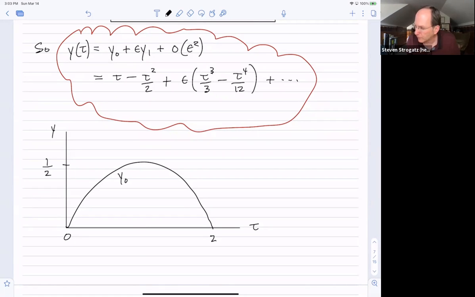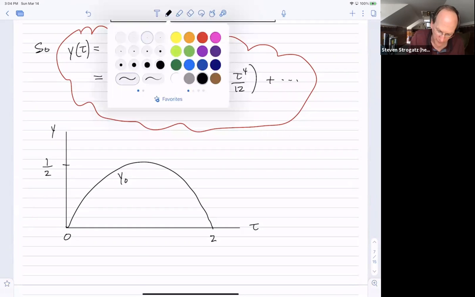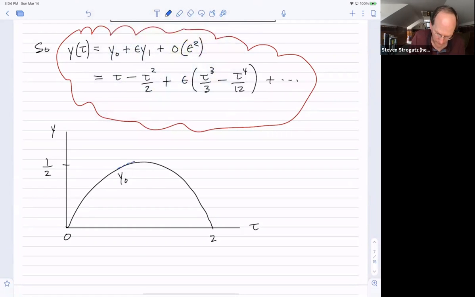And actually that is correct. What you would find when you add in this small correction term is that the new curve is going to look pretty much like the old curve. But, excuse me, let me use a different color for clarity. It's going to look something like that. It's going to hit a little bit later.